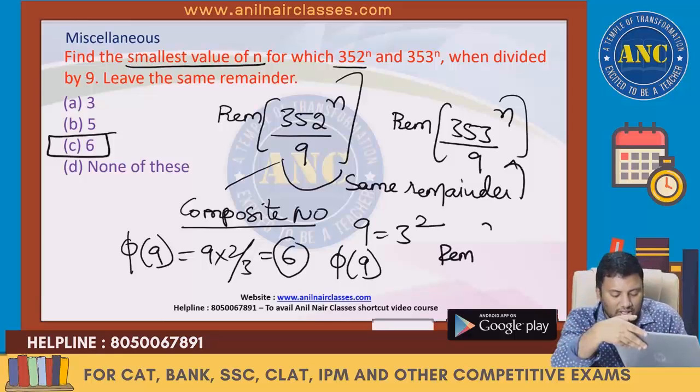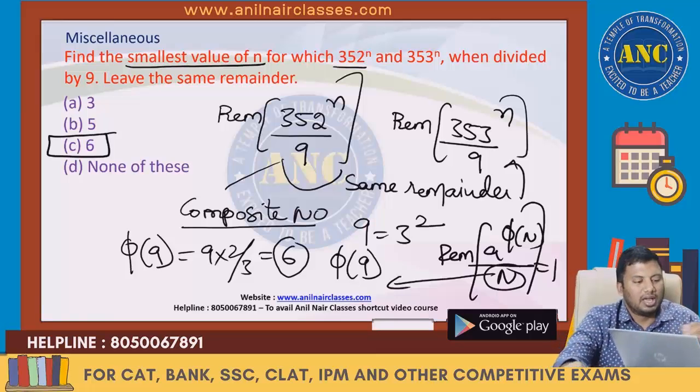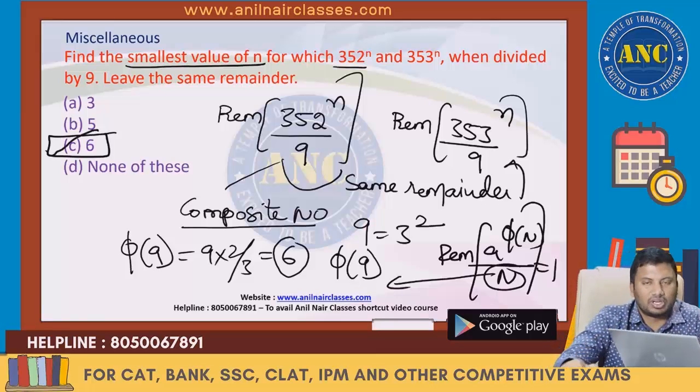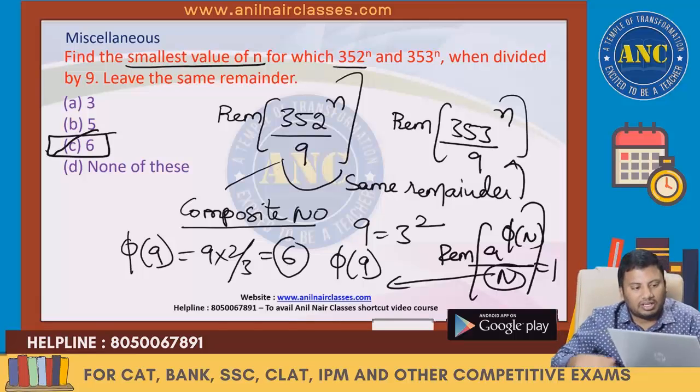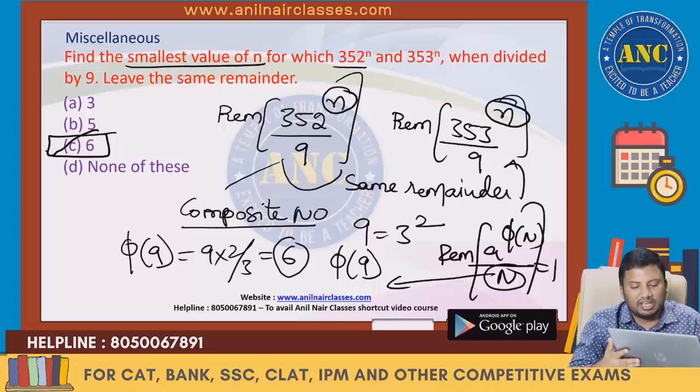Why? Because a power quotient of 9 divided by n is 1, where n is a composite number. Answer for the next question is 6. I hope the idea is clear. 9 is a composite number. We want at what value of n this will give the same remainder.